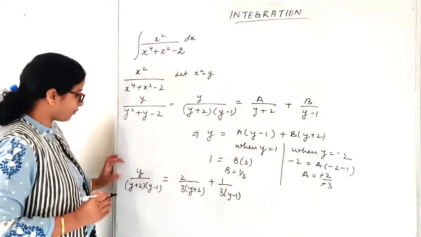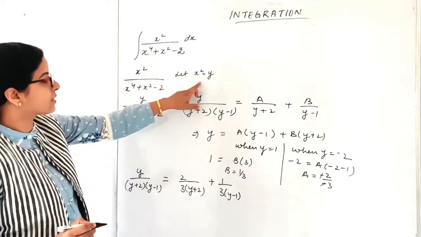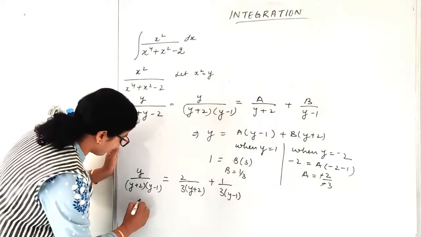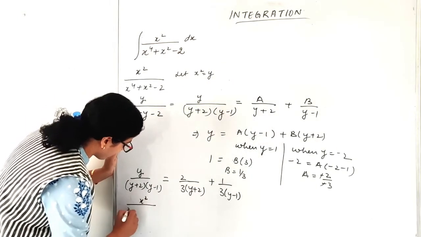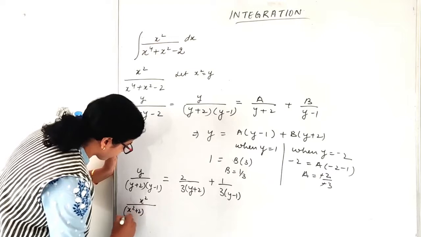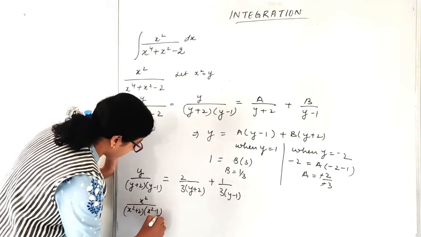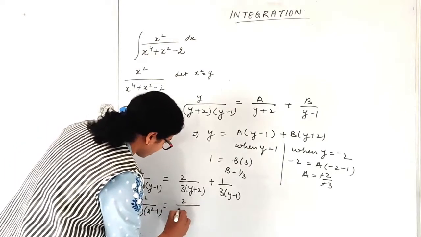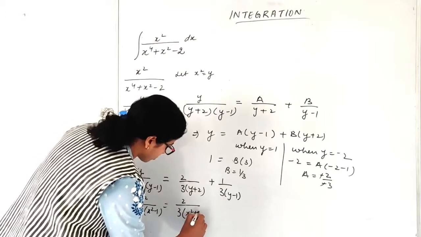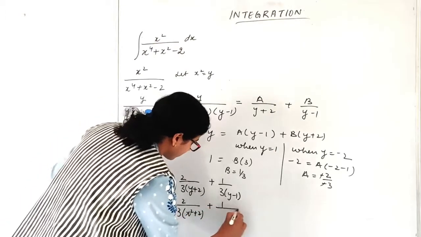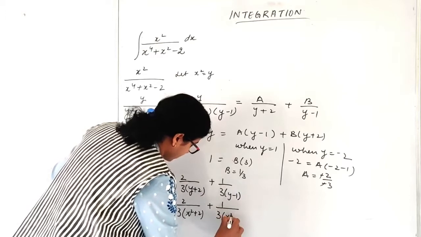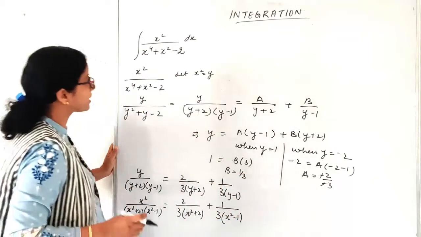Now I have to replace my y with x square, correct? So it will become x square upon (x square plus 2)(x square minus 1) equals 2 by 3 (x square plus 2) plus 1 by 3 (x square minus 1), correct?